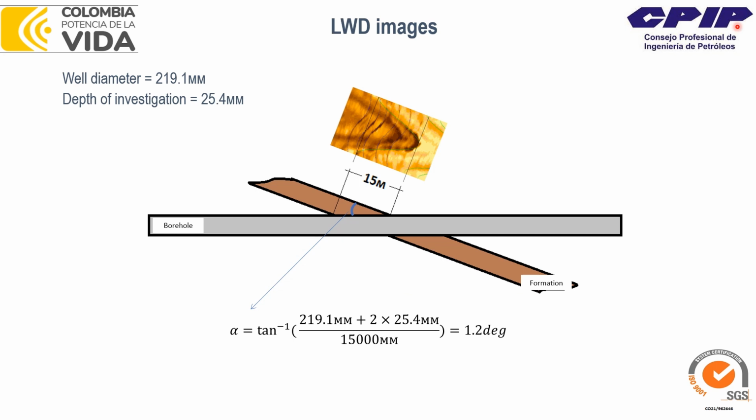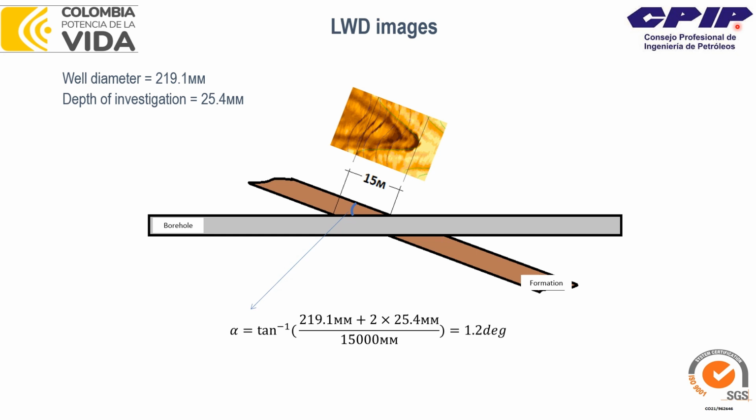Okay, so now let's move to quantitative parameters of the image. As I said before, from looking at the image, we can not only see if we cross the top or the bottom, we can also calculate the formation dip in degrees. Looking at this picture, you can see the formula is quite simple geometry.